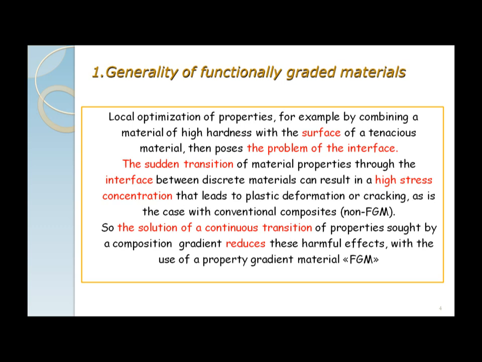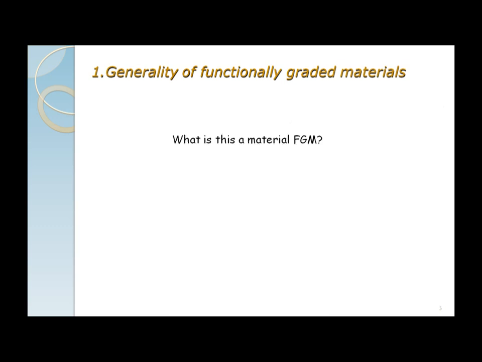The sudden transition of material property through the interface between discrete materials can result in high stress concentration that leads to plastic deformation or cracking, as in the case with conventional composite non-FGM. So the solution of continuous transition of property, solved by a composition gradient, reduces their harmful effect with the use of property gradient materials, FGM.